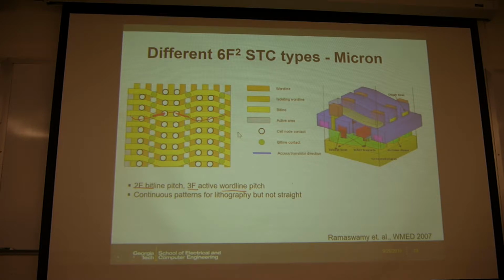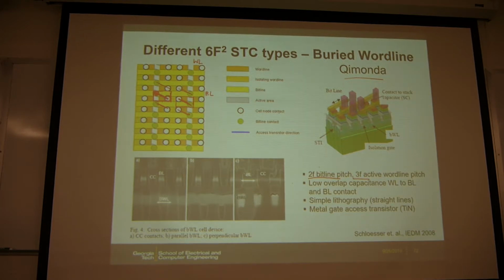Of course, for lithography, it's easier to pattern straight lines than lines with those kinds of curvatures. But here the active region is continuous, so it's easier to dope the active region because it's a line. Previously, the active regions are isolated regions, so you probably have to use double patterning to do two lithography steps there. So there are pros and cons.